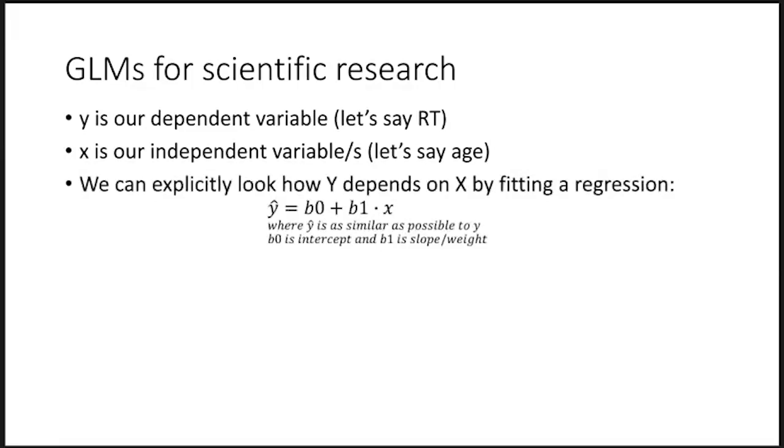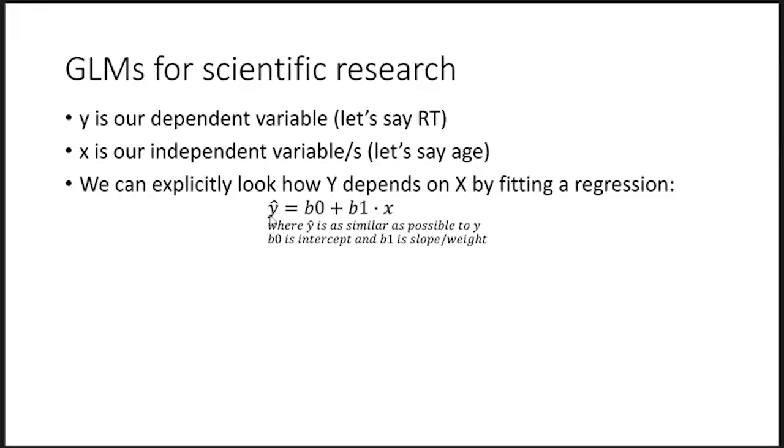So we can explicitly look at how y depends on x by fitting a regression model where we have our predicted y, it's a y with a little hat on it. It equals b0 plus b1 times x. Okay, reaction time is some parameter b0 plus some parameter slope times age, okay?